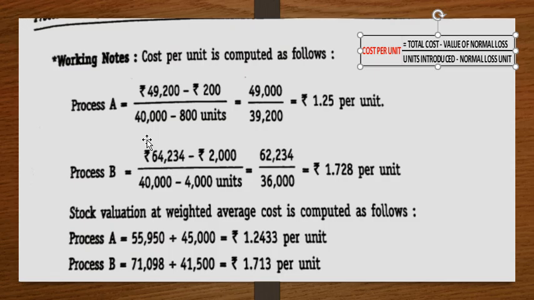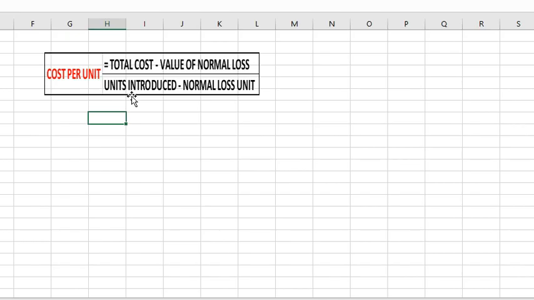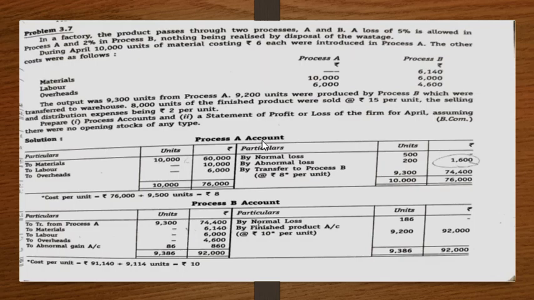So what is the total cost as per the problem? The total cost is 60,000 plus 10,000 plus 6,000, which will give you 76,000.